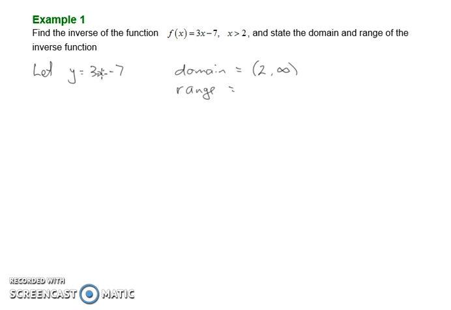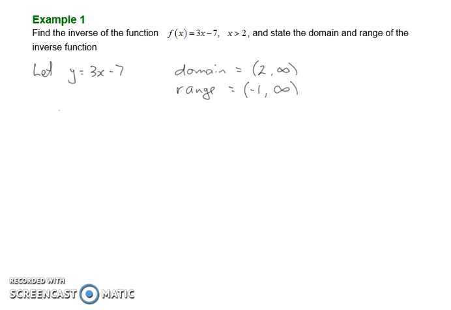If we replace our x with 2, we'll have 3 times 2 is 6, minus 7 will be -1. So we can see that our range is going to go from -1 through to infinity because it's a positive gradient, and so the actual graph is increasing. Doing that now helps because we'll be able to see that our domain and range will swap for our inverse function.